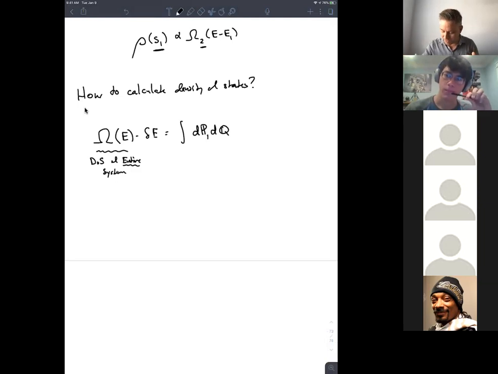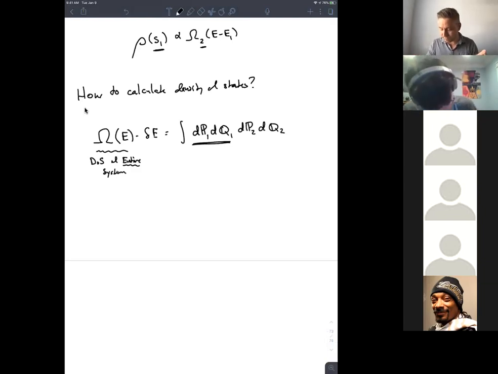Our volume element in this space is going to look like this. This is the phase space available to subsystem 1, and this is the phase space available to subsystem 2. To get the volume element of the entire phase space, you multiply all those coordinates together and integrate over all allowed values.